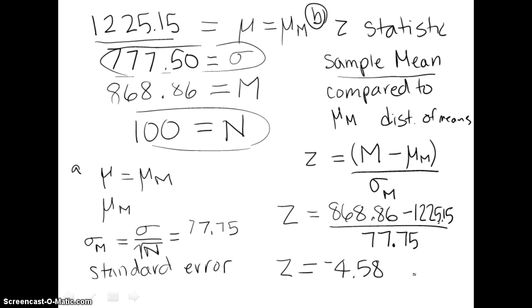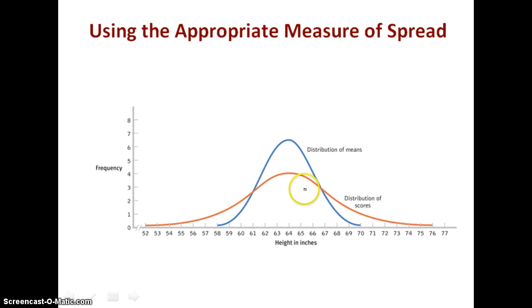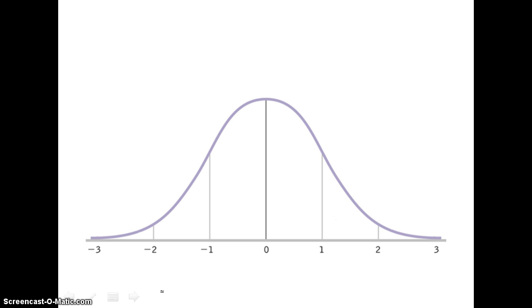Now the next two parts ask us why we think this is so big. This is a pretty extreme score. Remember, we're talking about this distribution of means. A negative 4.58 is going to be way out here somewhere, well beyond the edge of our screen.